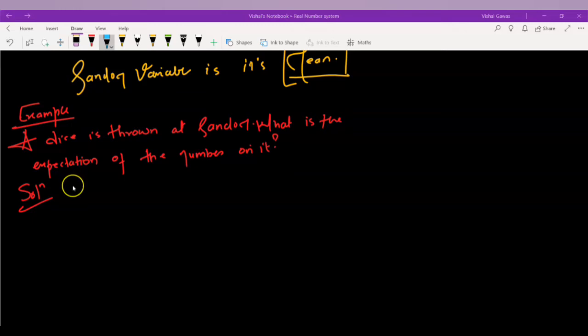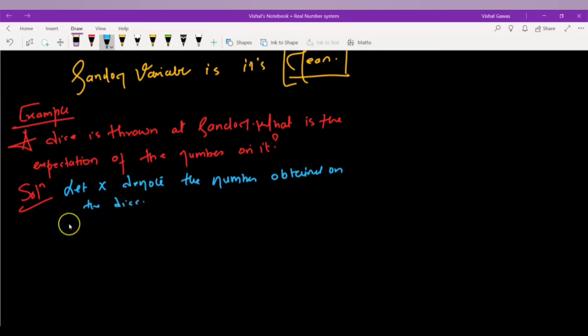So let x denote the number on the die, then x is a random variable, a discrete random variable, guys, right?